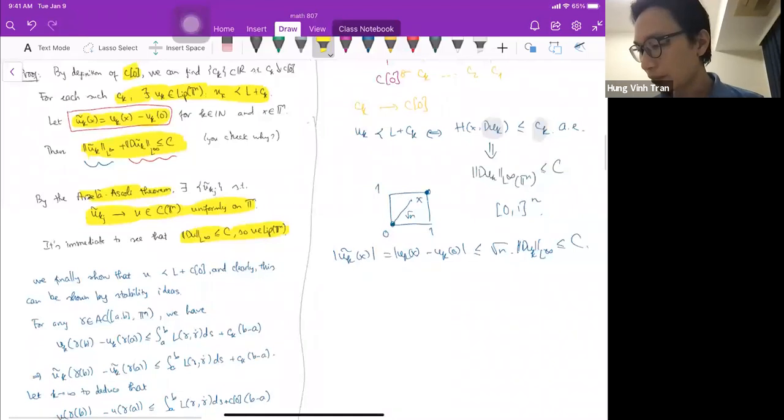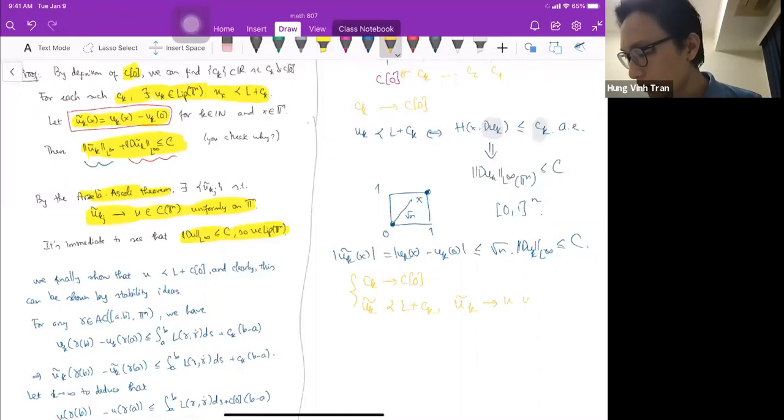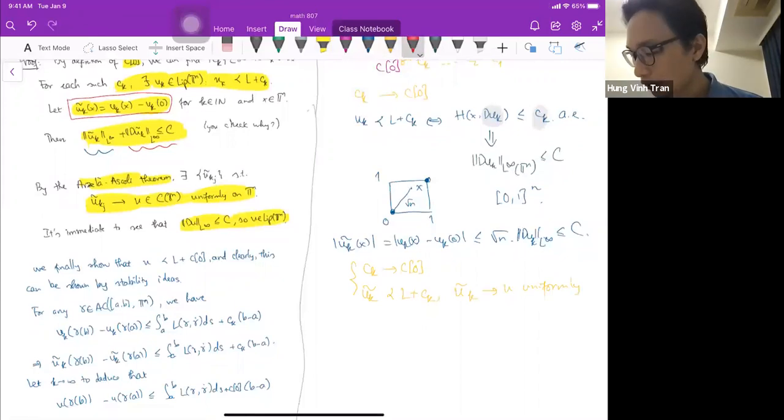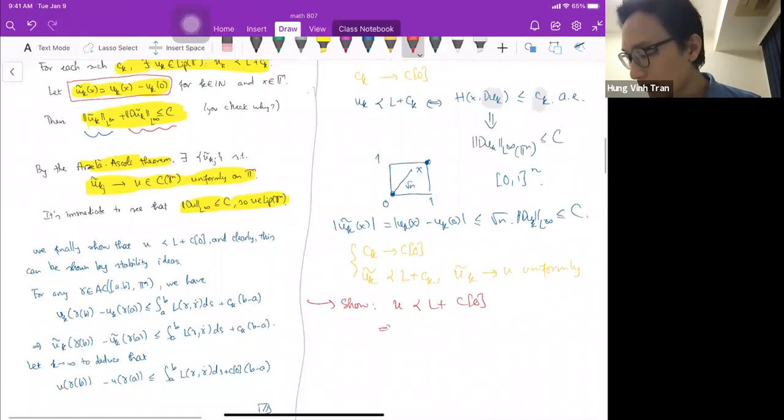So we have CK converging to C naught, UK tilde is also dominated by L plus CK, and UK tilde converges to U uniformly. So it's a stability result. We now finish the proof by showing that U is dominated by L plus C naught, or equivalently h of x, DU, is less than or equal to C naught.